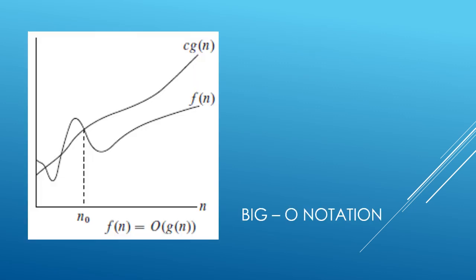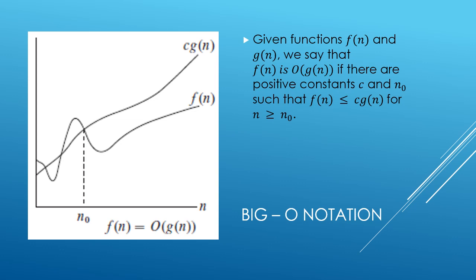Big O notation. Given functions f(n) and g(n), we say that f(n) is O(g(n)) if there are positive constants c and n naught such that f(n) is less than or equal to c times g(n) for n greater than or equal to n naught. Look at the picture. I have got one function called f(n). I have got another function called c times g(n).